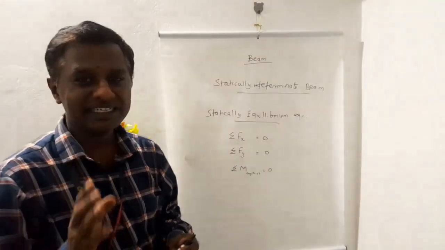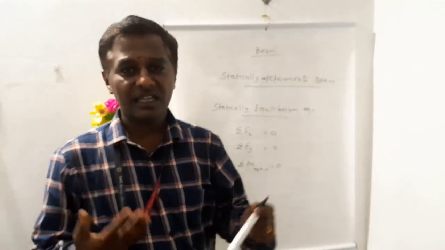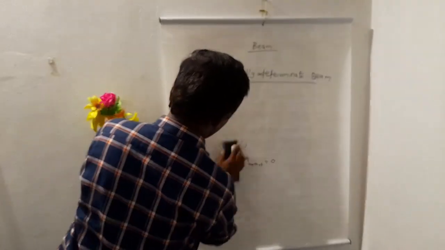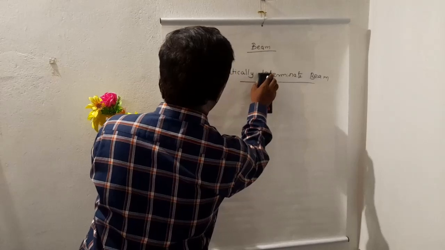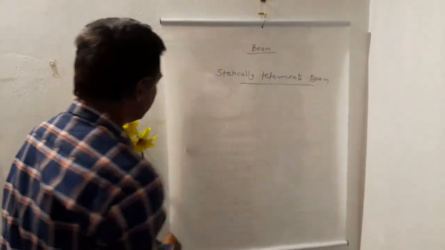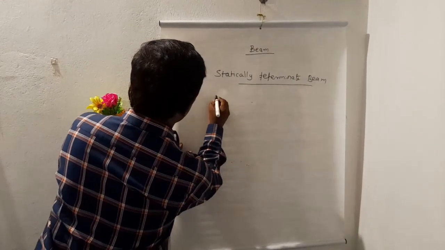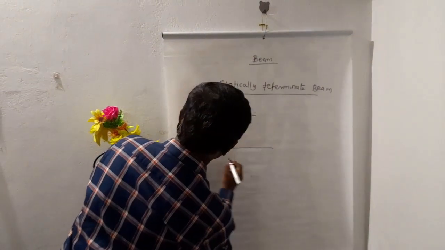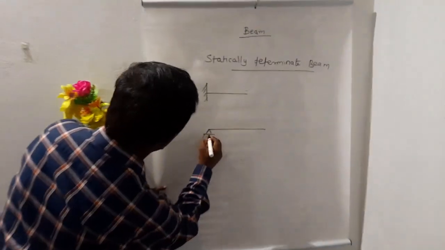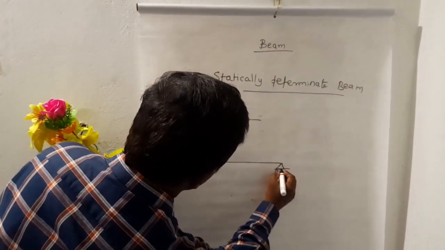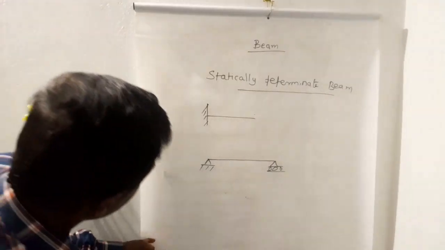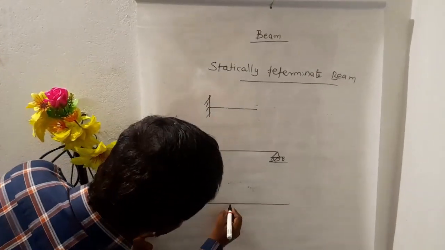So what are the examples of statically determinate and indeterminate beams? For statically determinate beams, the cantilever beam is an example, the simply supported beam is an example, and the overhanging beam is also an example.